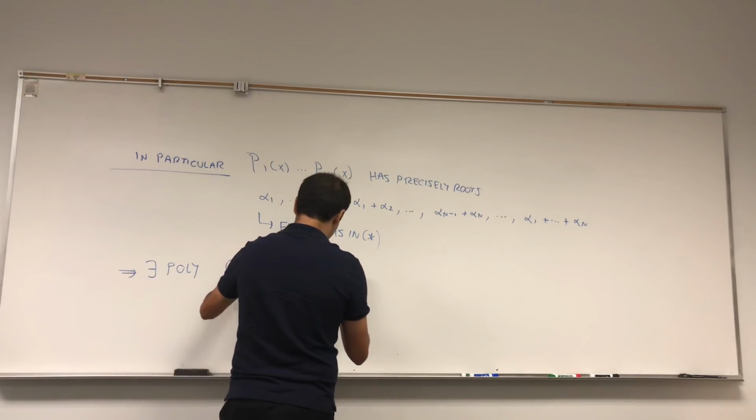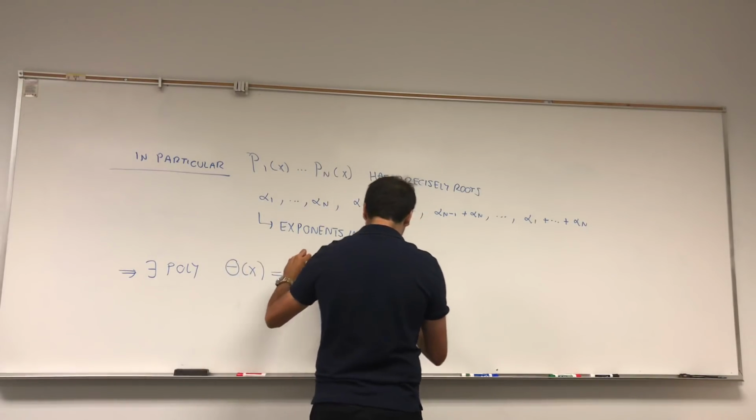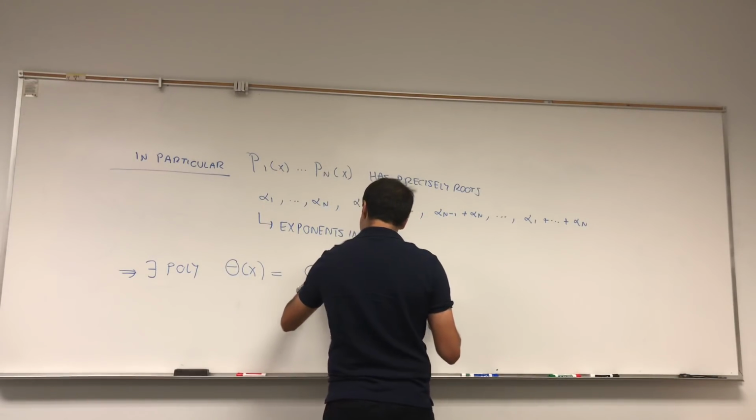So the point is there is a polynomial, theta of x, and let's write it like that just to keep my notation consistent.